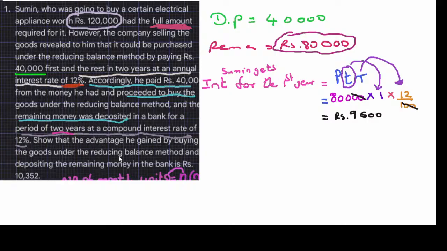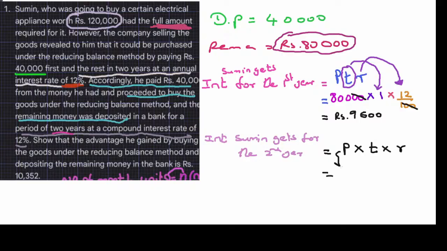Then let's see what is the interest Sumin gets for the second year. Now once again it's PTR, principal multiplied by time multiplied by rate. Now what's the principal?